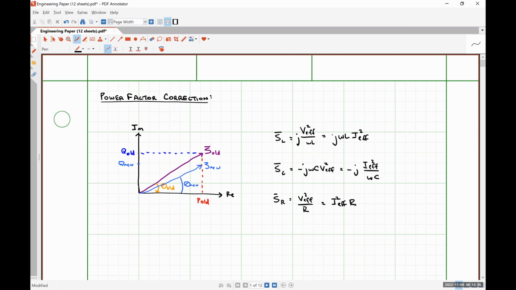So if our goal is to make Q smaller, which element should we use?